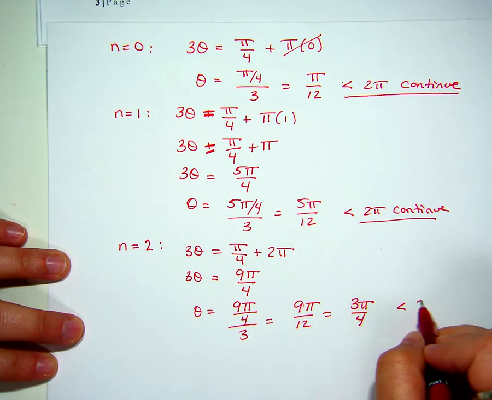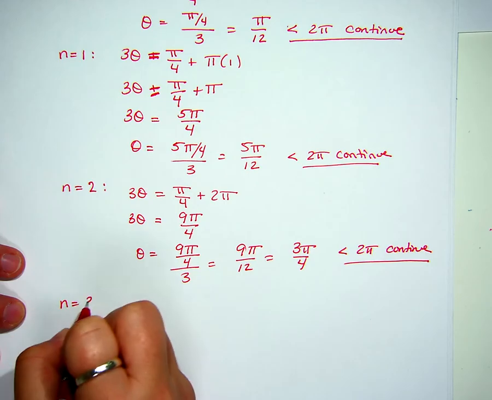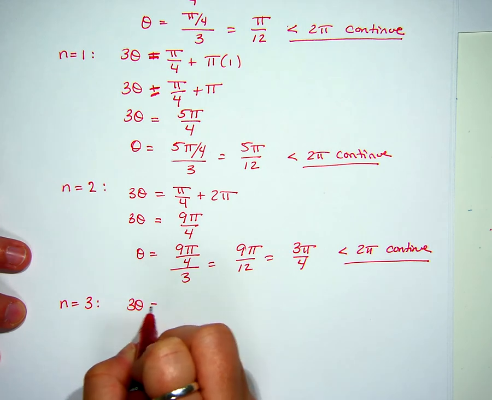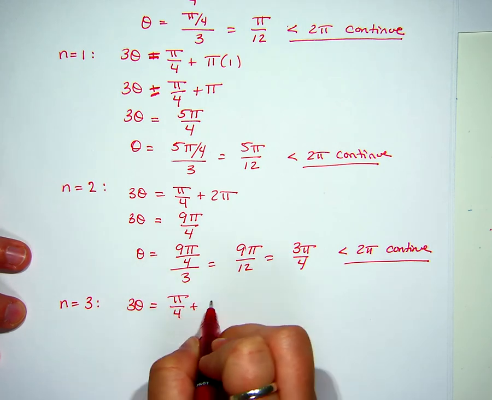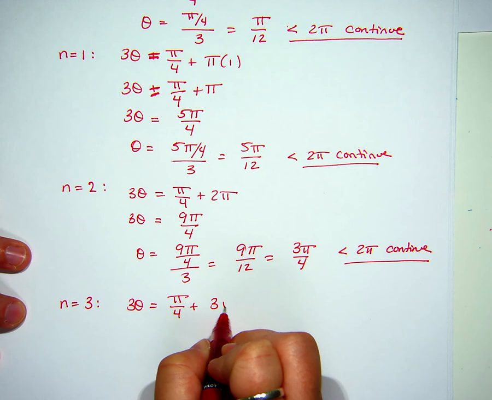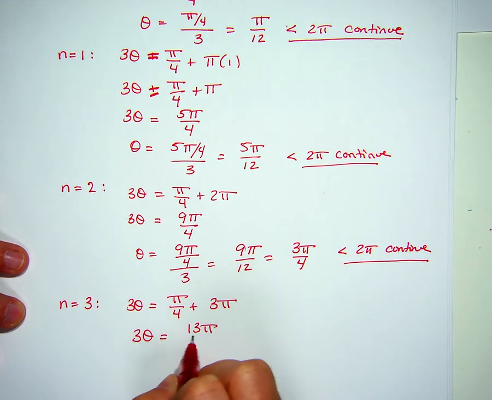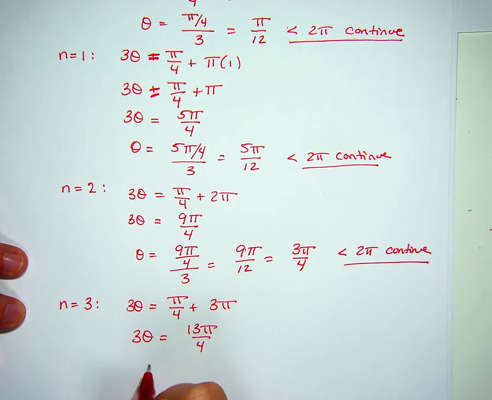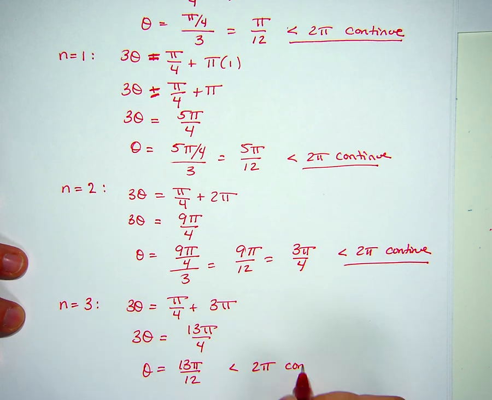This again is less than 2 pi, so continue. Alright, let's let n be 3. 3 theta equals pi over 4 plus 3 pi. 3 theta equals 13 pi over 4. Theta equals 13 pi over 12, which again is less than 2 pi, so continue.